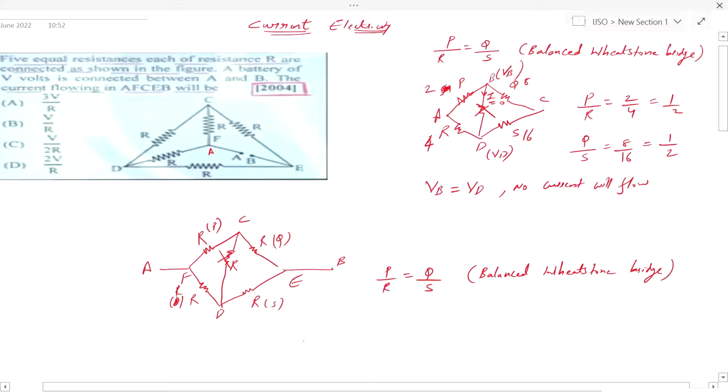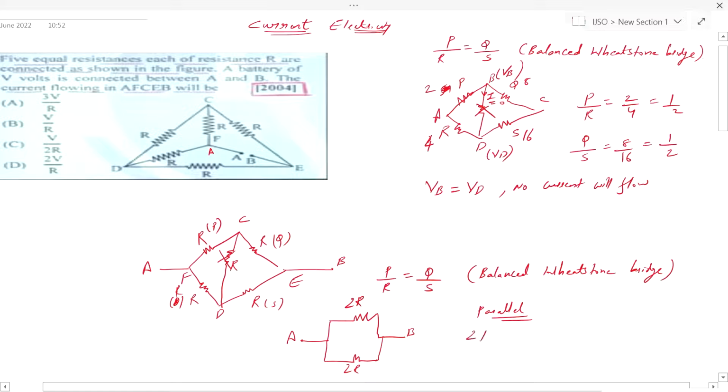Now pay attention. Can we frame the equation like this? 2R plus 2R, good. It's 2R there, and there's 1R that's parallel. So 1 by R total is equal to 1/2R plus 1/2R, which is 2/2R, so 1 by R. For parallel resistance we can directly apply: whenever equal resistances are there, it always becomes 2R by 2.